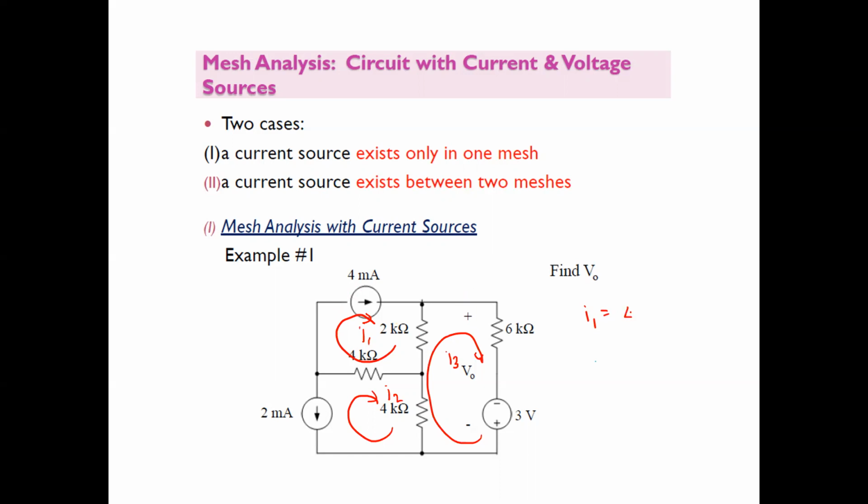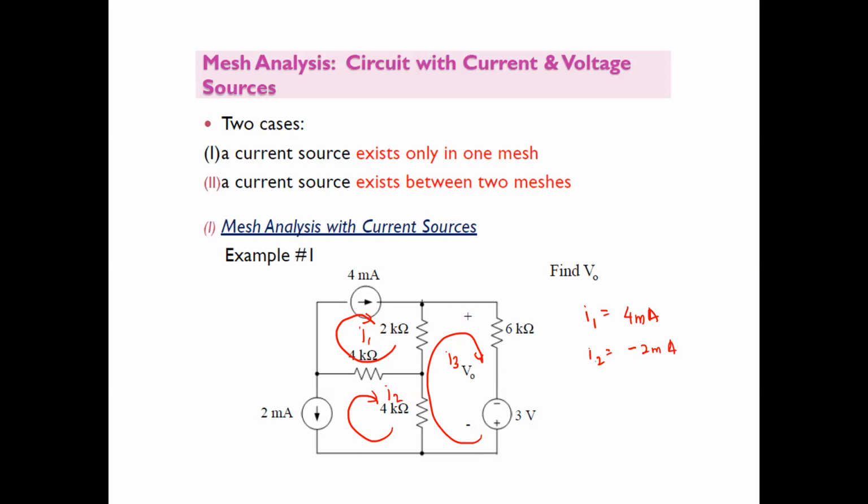So I1 is 4 milliampere. And for the mesh current I2, as you can see here, the direction of I2 and the current source of 2 milliamperes are in opposite directions, meaning that I2 is actually negative 2 milliampere, which is the negative of the current source.